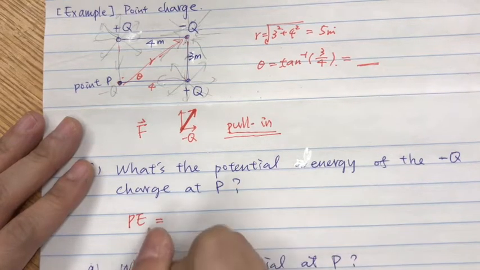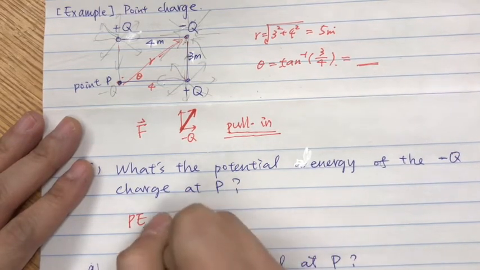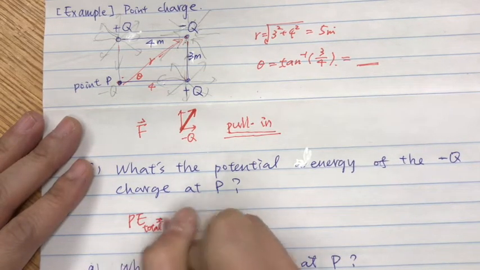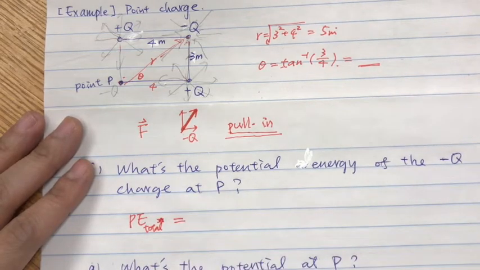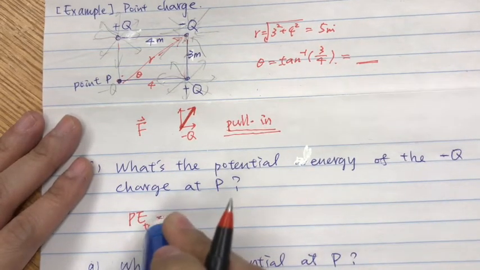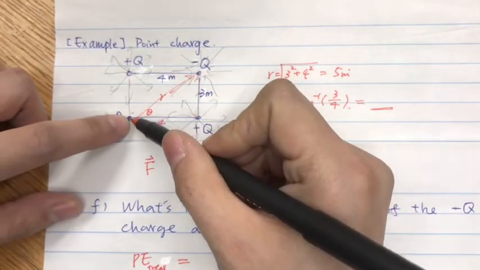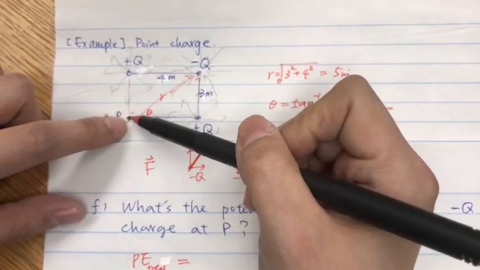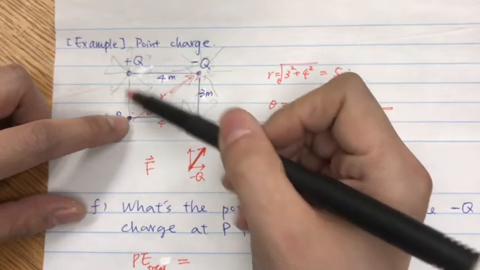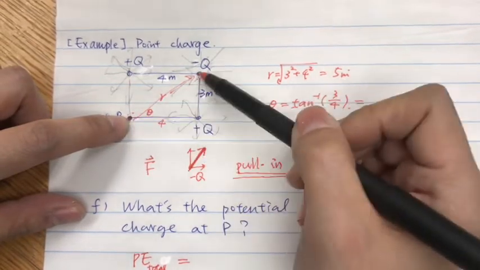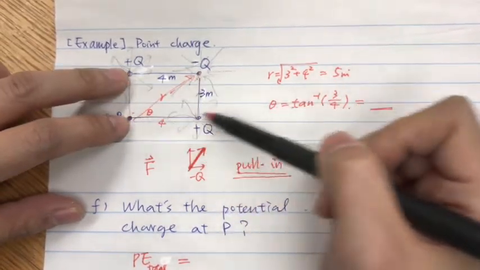And again, the total potential energy at this point, because potential is a scalar, the total potential here is nothing but the summation of all the potentials between this one and this one.